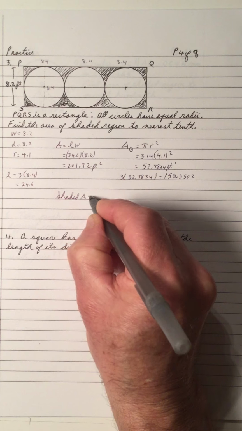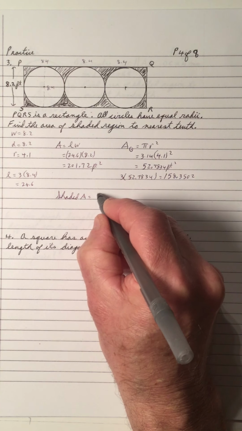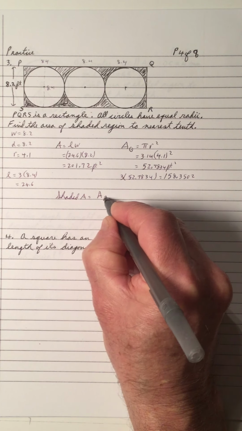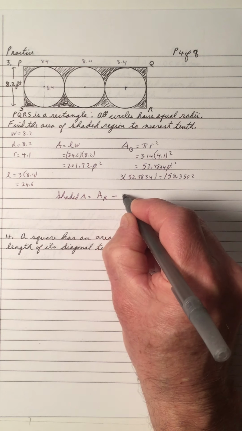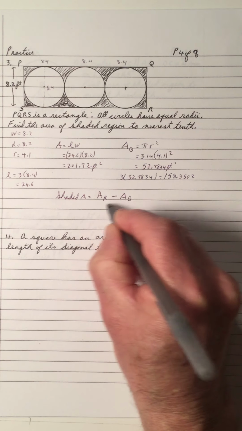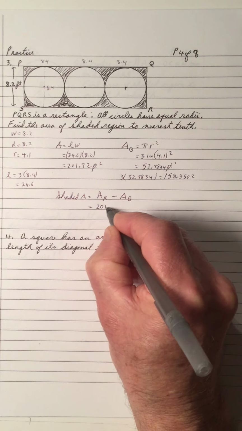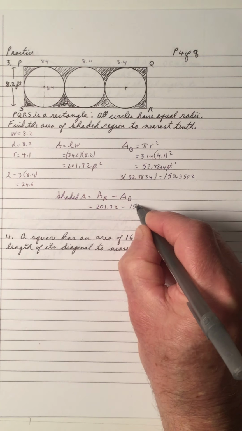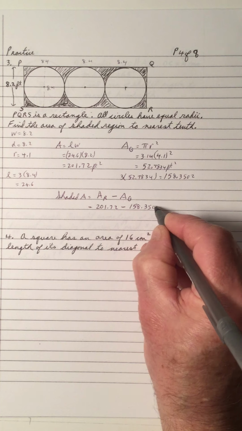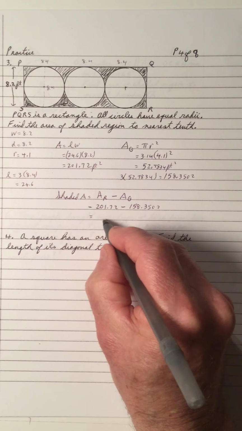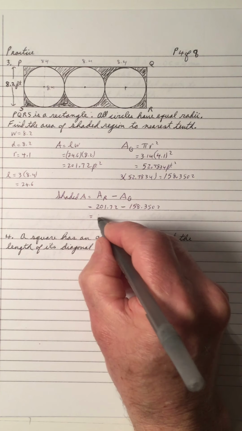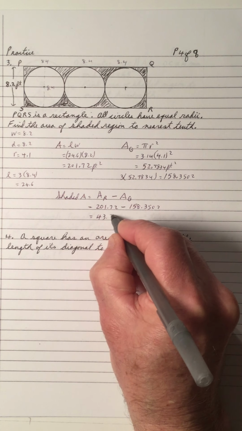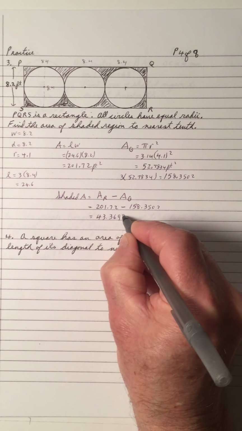the shaded area is the area of the rectangle, let's call it R, minus the area of the circles. So we have 201.72, subtract 158.3502. And when you subtract that with a calculator, you'll get 43.3698.